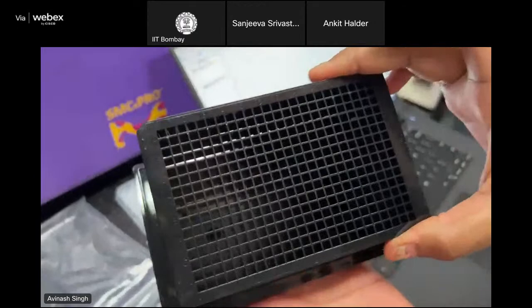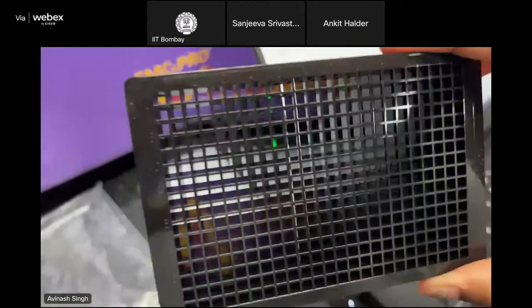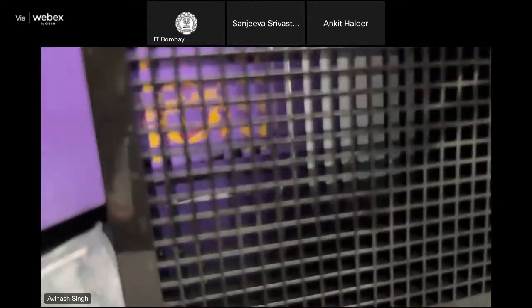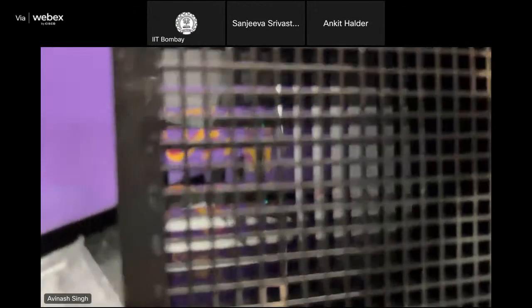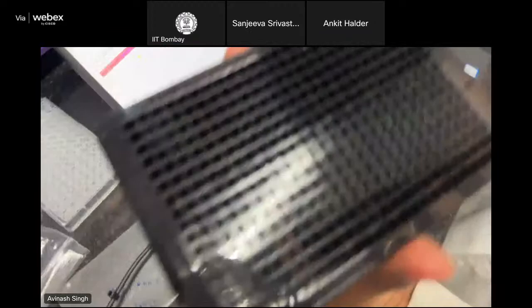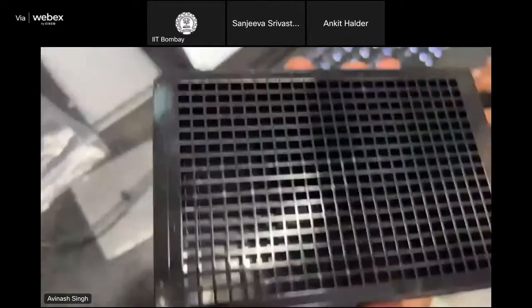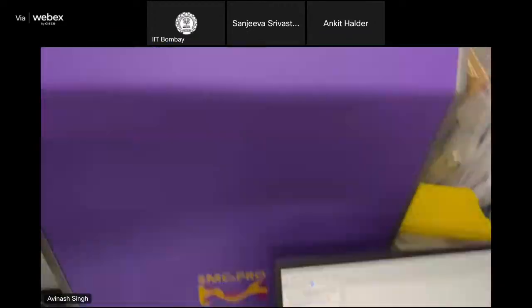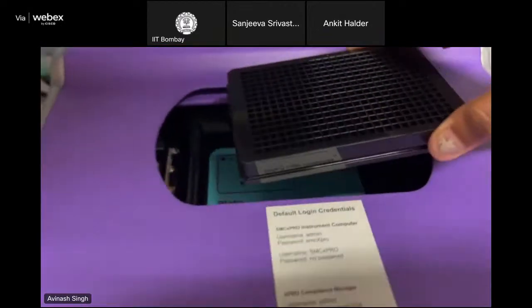As you can also see, there's a glass slide at the back, so it is transparent, and this plate is inserted in the instrument over here.